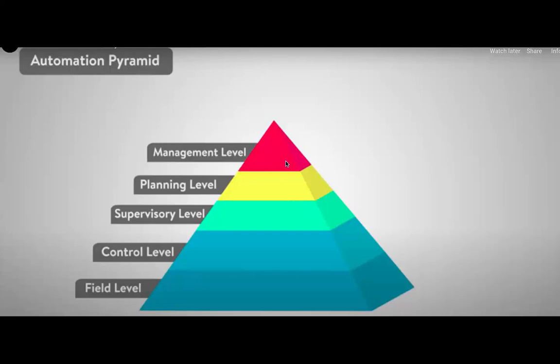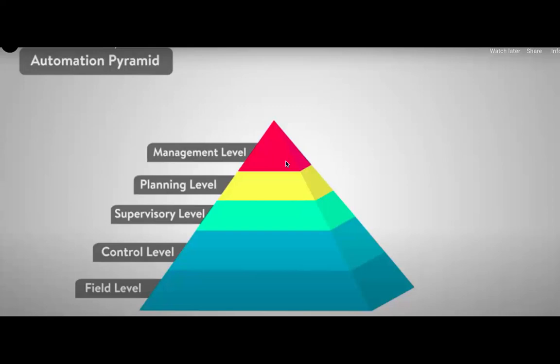So in front of you, you have the basic hierarchy level, that is the field level. Above the field level, there is the control level, then the supervisory level, then the planning level, and at the top you have the management level.